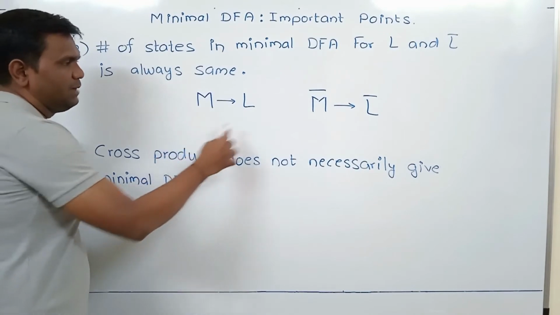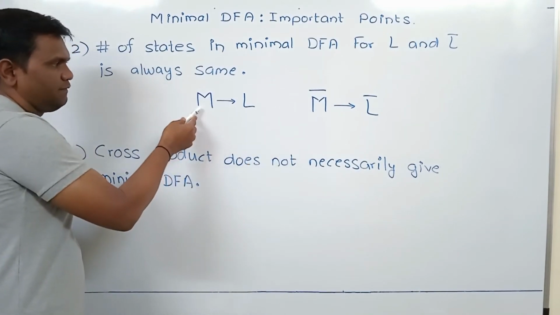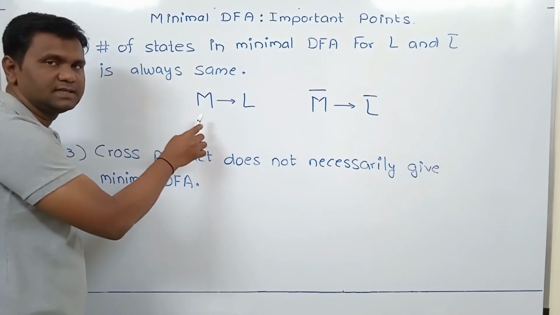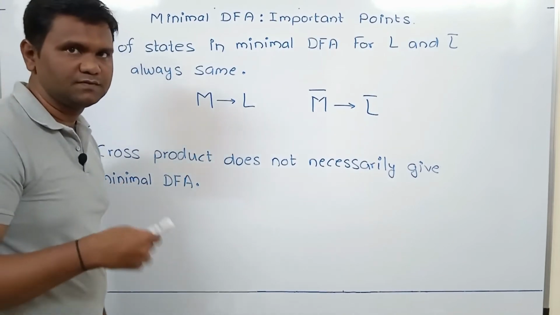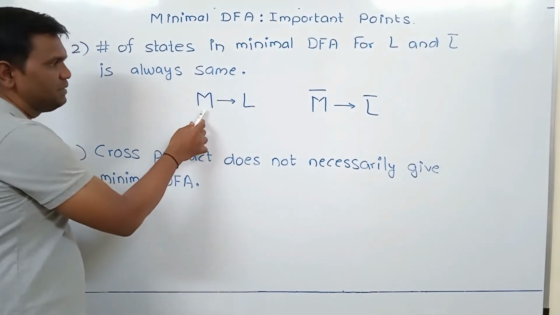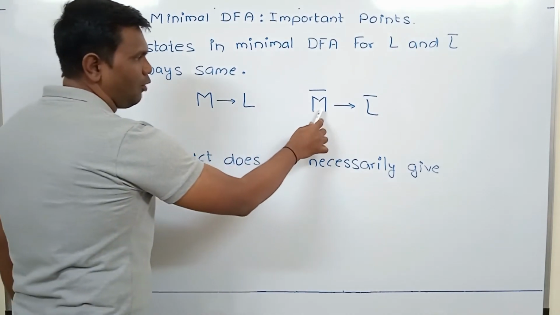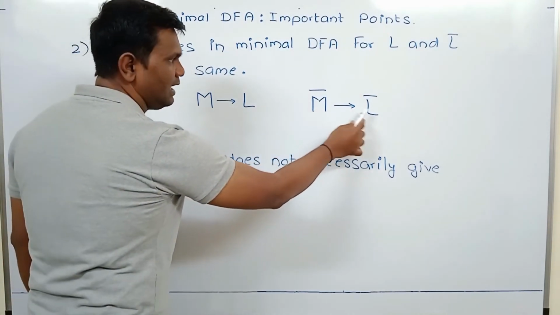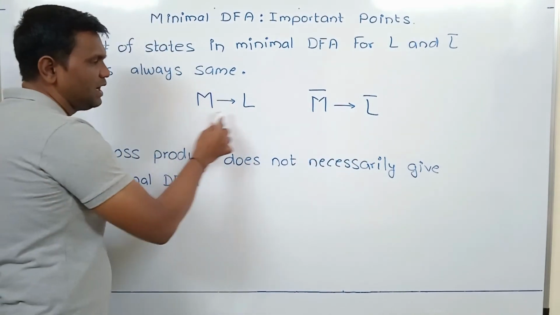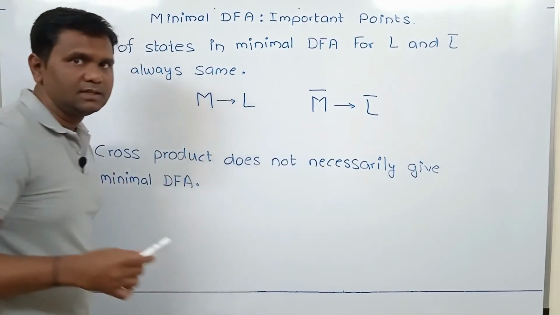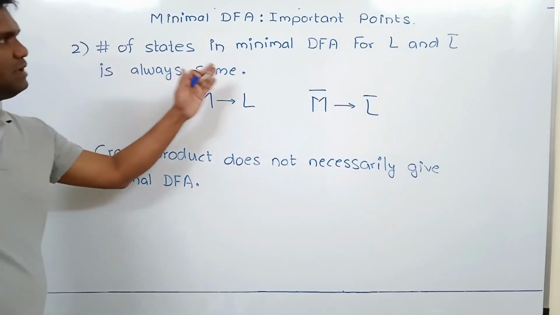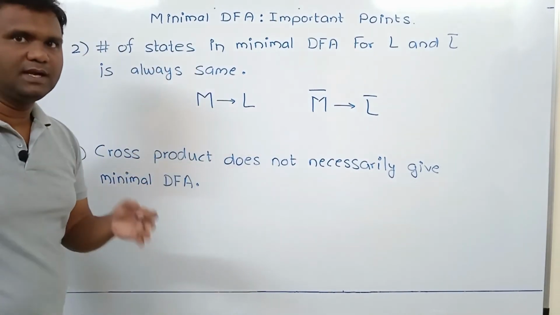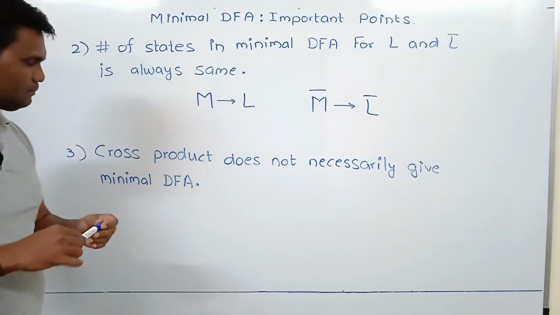To get M complement, we simply change final states to non-final states and non-final states to final states in DFA M. We are not changing the number of states. So if M is the minimal DFA for L, M complement will be the minimal DFA for L complement. DFA M and DFA M complement will have the same number of states. So the number of states in the minimal DFA for L and L complement is always the same.